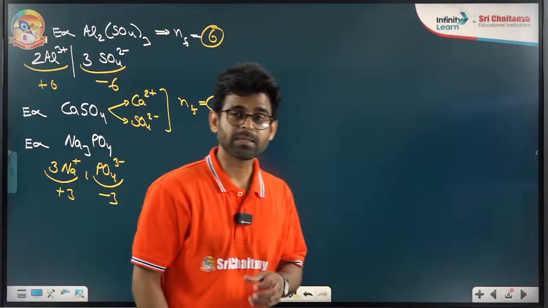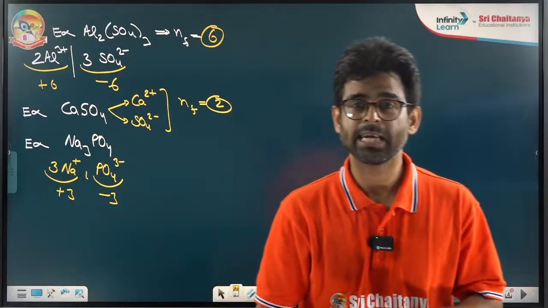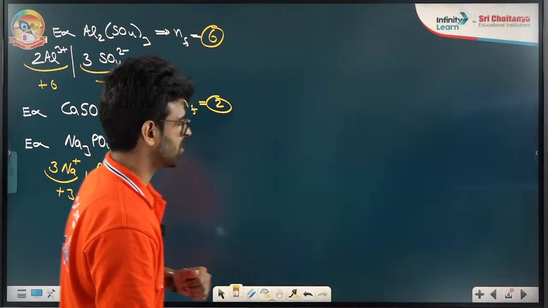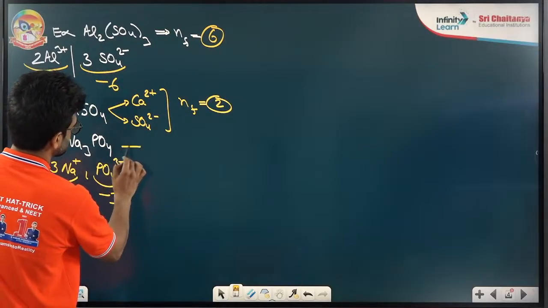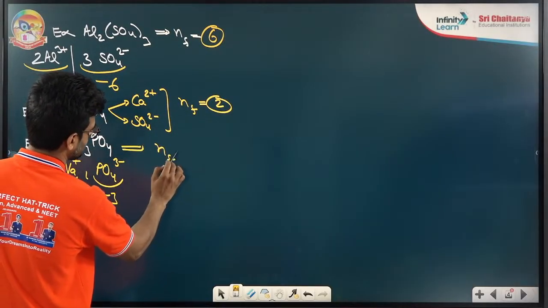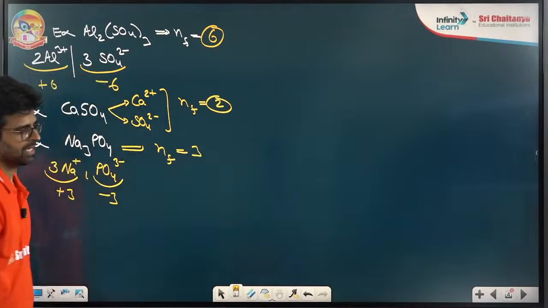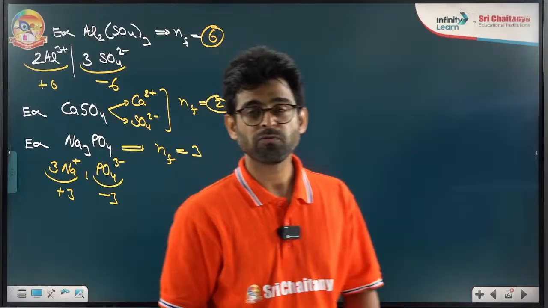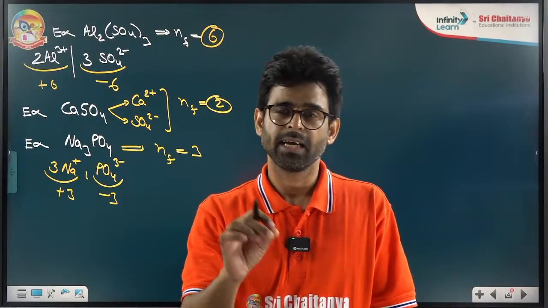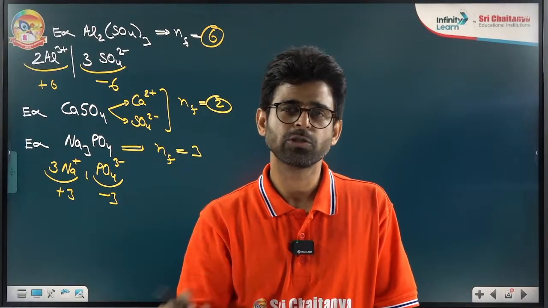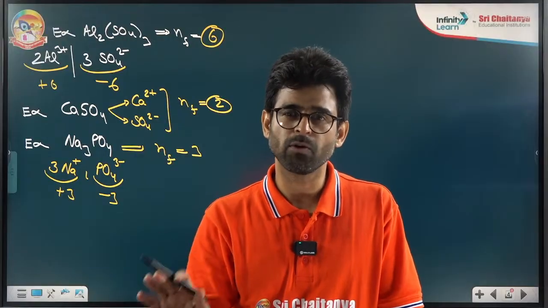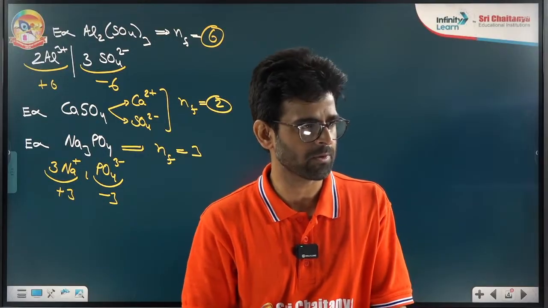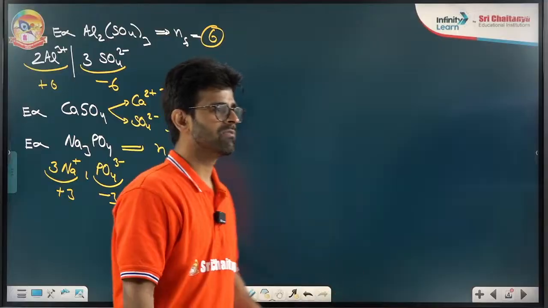So its N factor is 3. I hope we are clear now on how to find the N factor of an acid, a base and a salt. That is what is important for this topic. More details we will see later on.